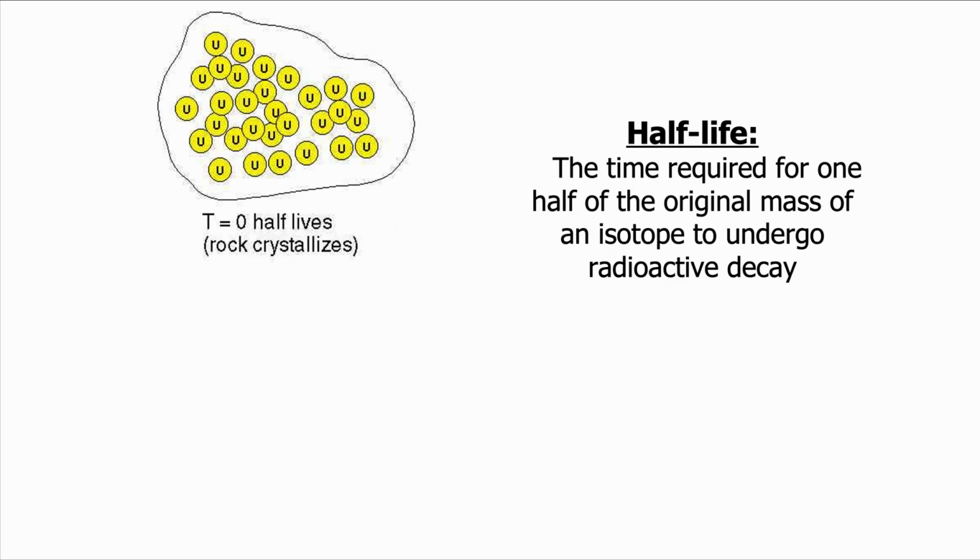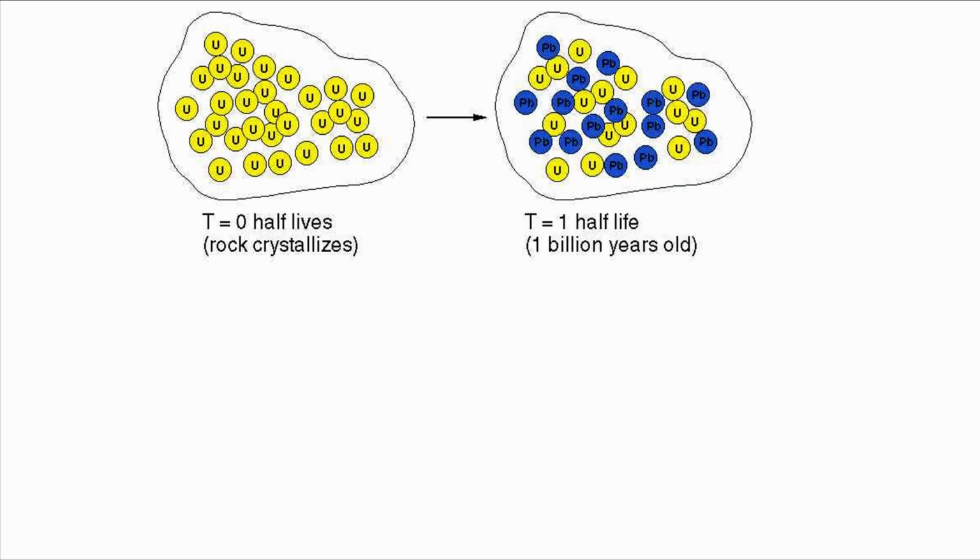In the case of this particular rock, we can say that at t equals 0, when it forms, so you have 0 half-lives, the rock is a crystalline rock with only uranium. But of course, with time, this uranium will decay into lead, which is the daughter product. And at t equals 1 half-life, you will have half uranium, half lead.